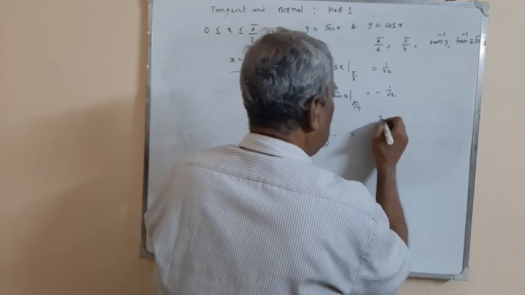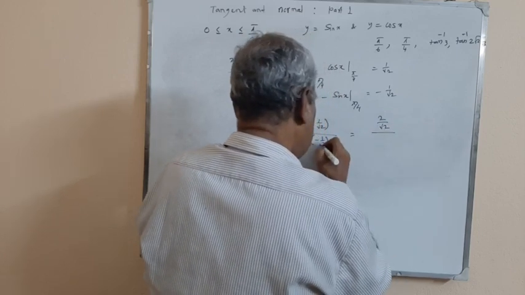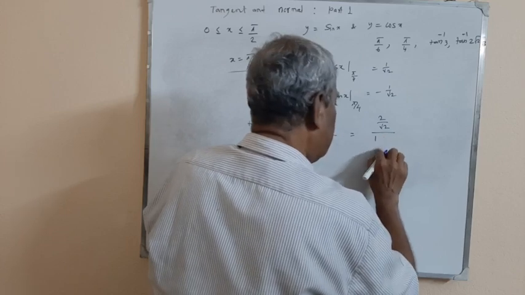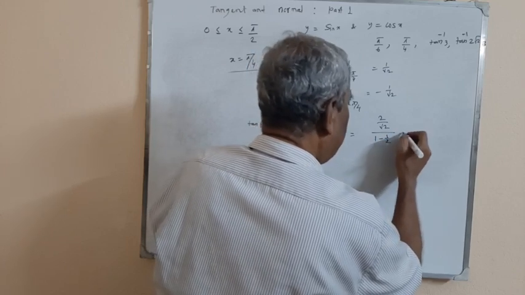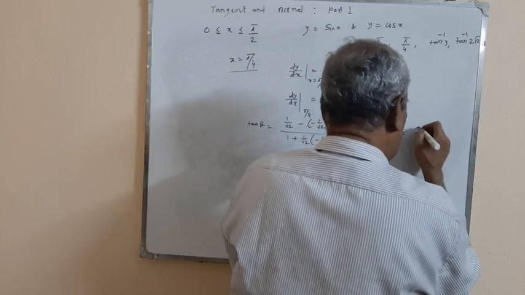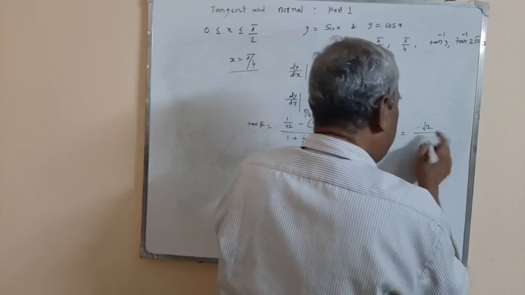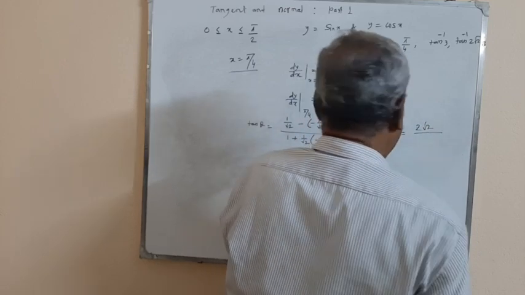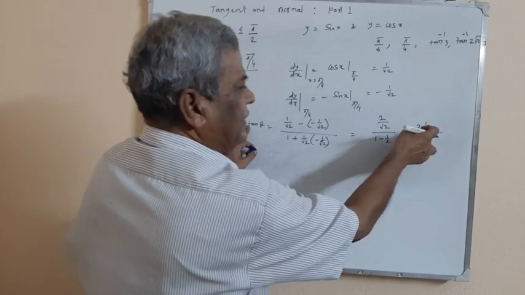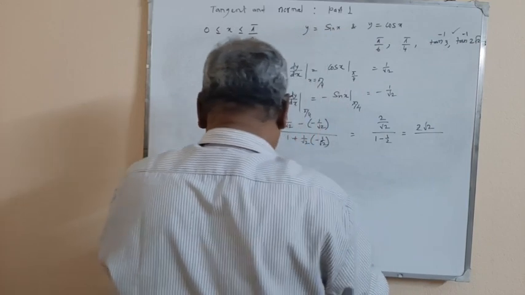It is equal to 2 by root 2 by 1 plus half, 1 minus half. So this is root 2, and in the denominator it is half. So half can be taken there. Therefore the angle of intersection theta is equal to tan inverse of that. So this option is correct.